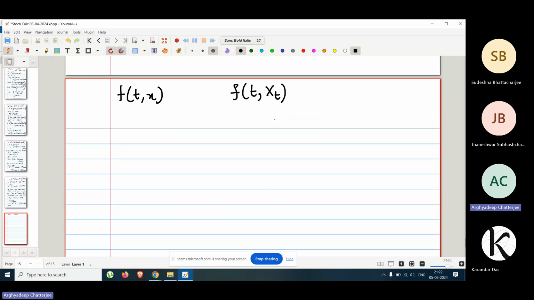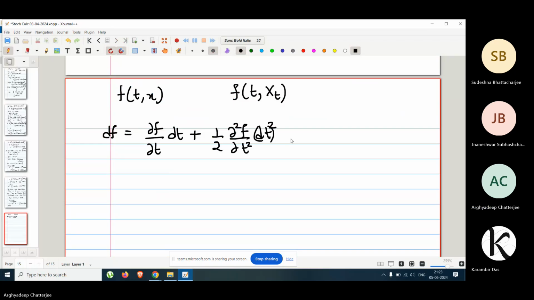Like last time, we have to find the Taylor's expansion of f. If we just write this out, we get del f del t times dt, plus half d2f dt2 dt squared. Recall that we want to ignore terms of the form dt squared and keep only terms of the form dt, because when we divide by dt, those are the order 1 terms.